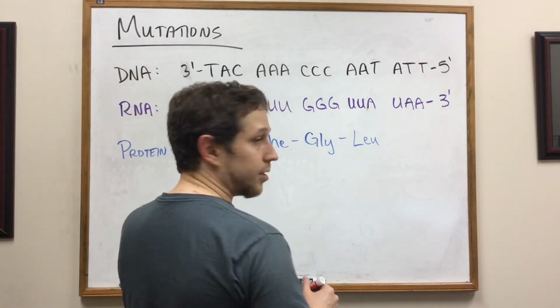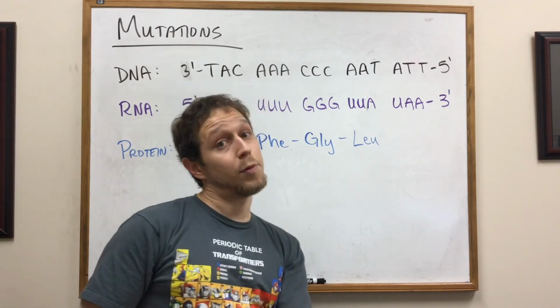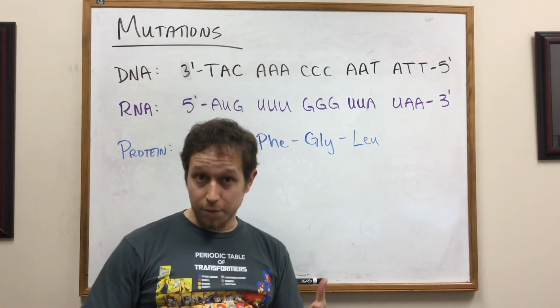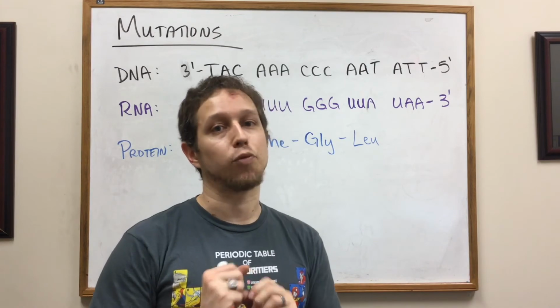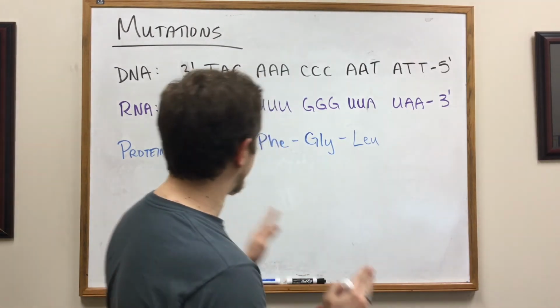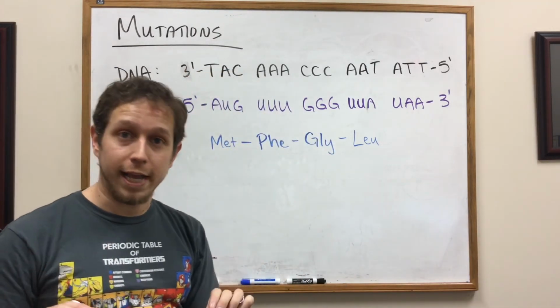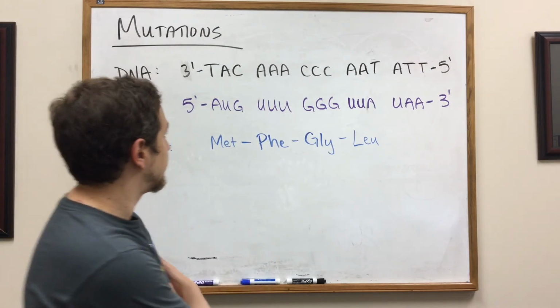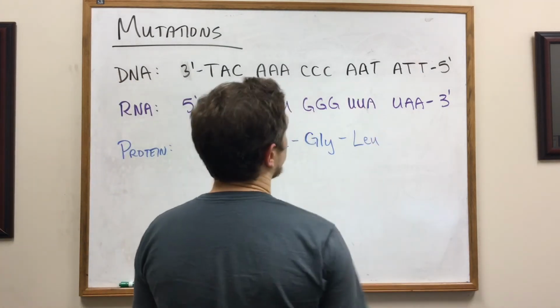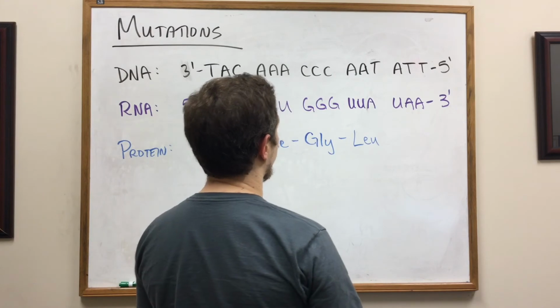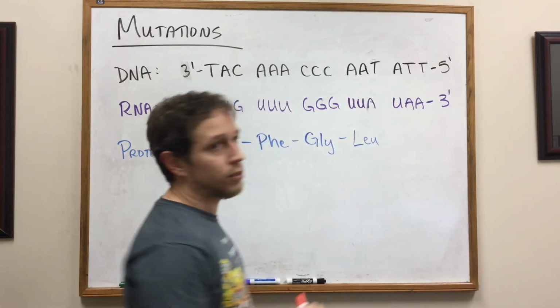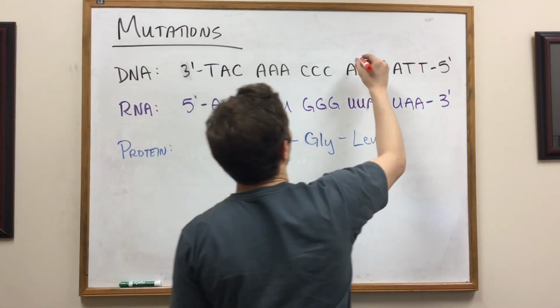What happens in a nonsense mutation is instead of getting the same amino acid, instead of getting a different amino acid, we wind up getting a premature stop codon. And this is going to shorten or truncate our polypeptide. So let's look at what happens here. Rather than focusing on the T in this one, I'm going to have the mutation occur here.